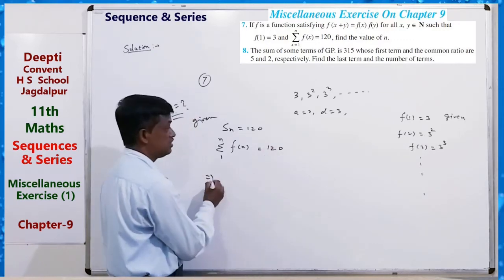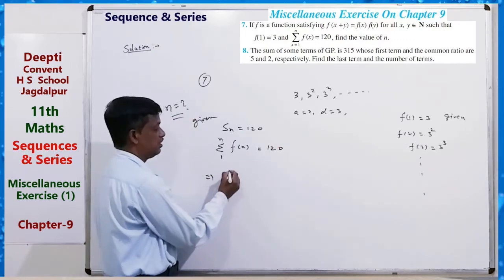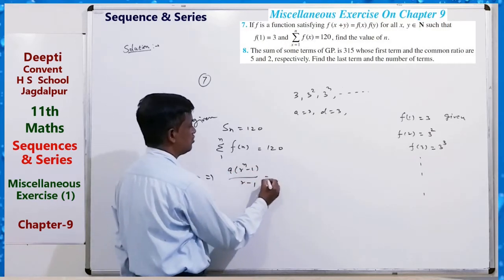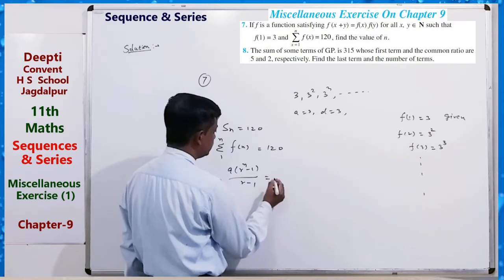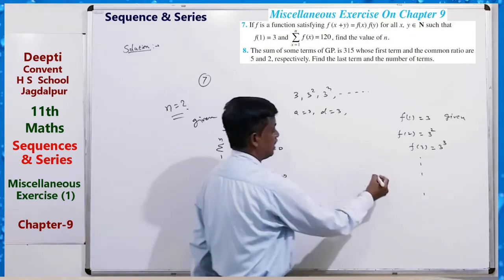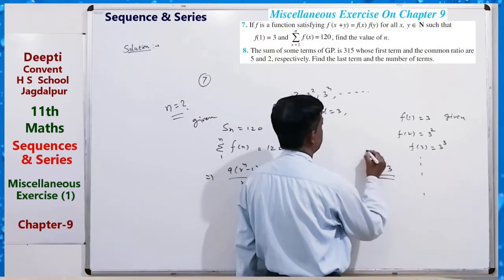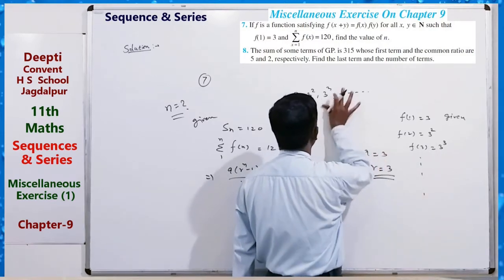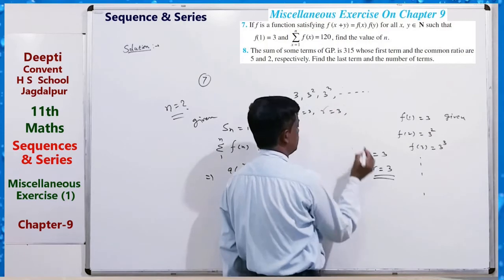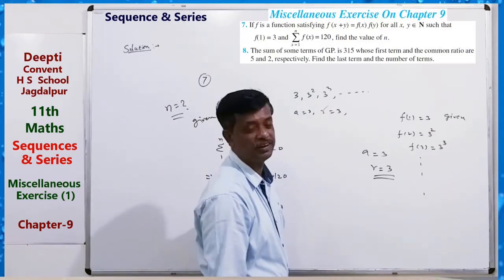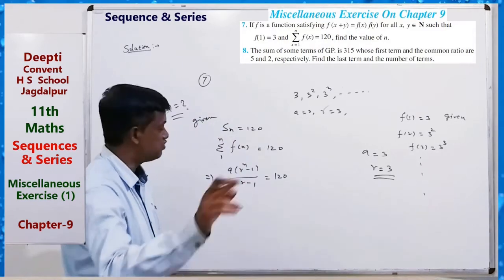So the GP formula: A into (r power n minus 1) upon (r minus 1) equals 120. Here r equals 3 and A equals 3. Common ratio r equals 3. Okay, the GP formula, not the AP formula.